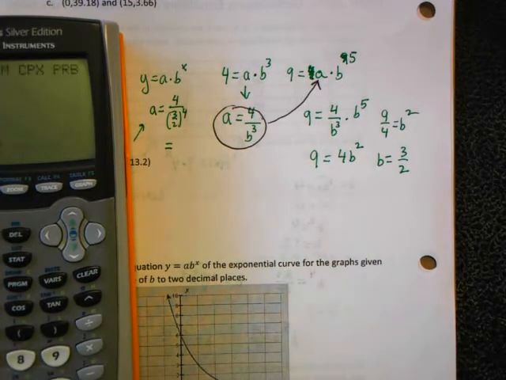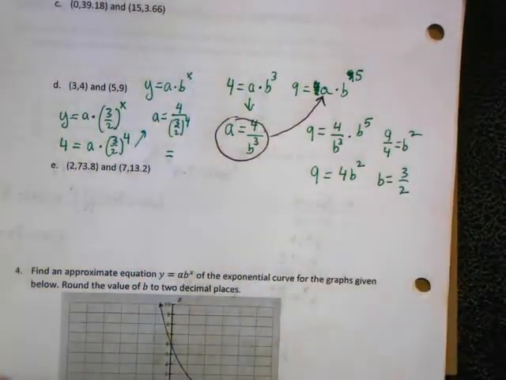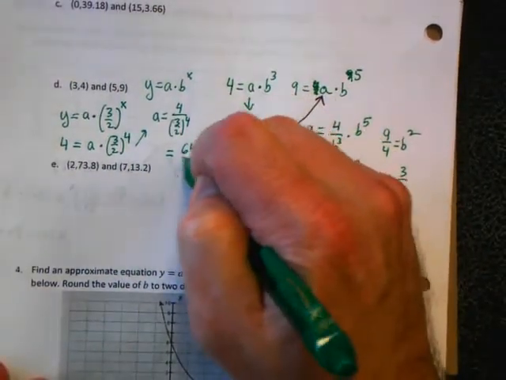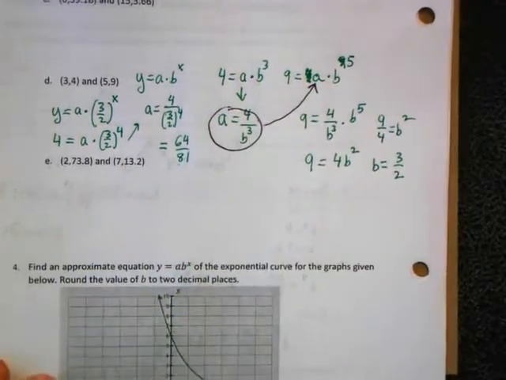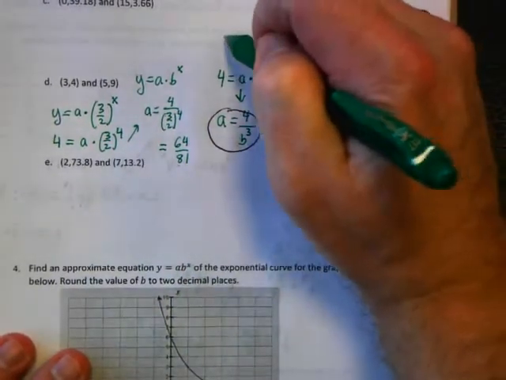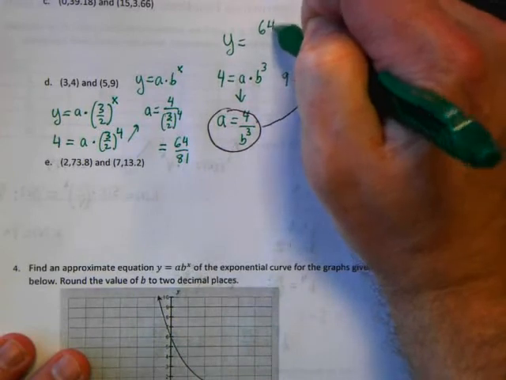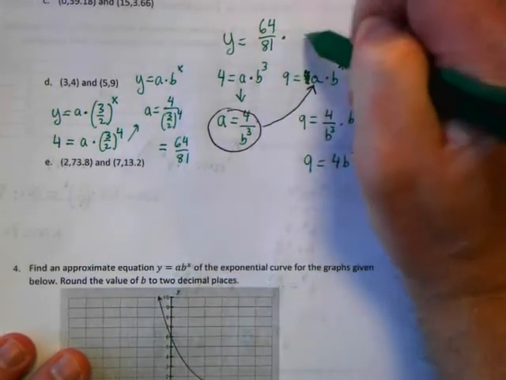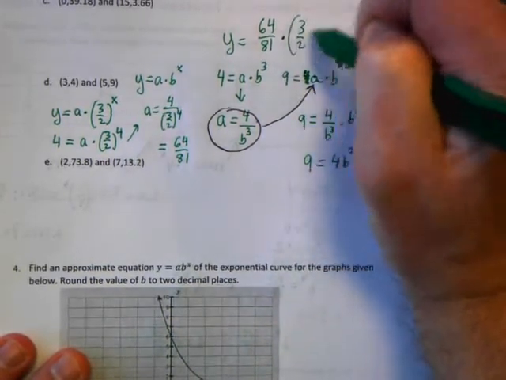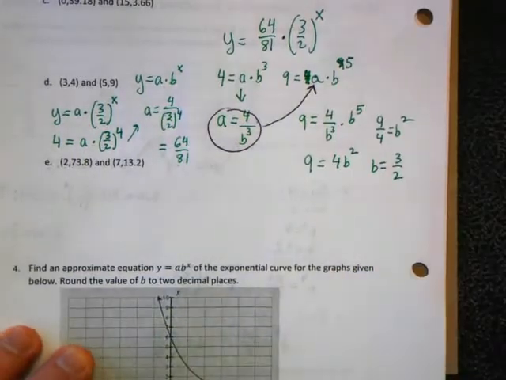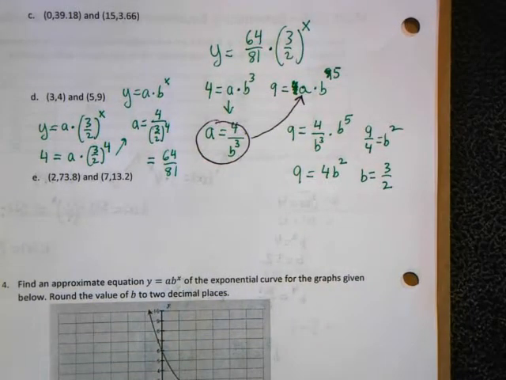Calculator gives me an ugly decimal. That is 64 over 81. So I guess my final answer would be y equals 64 over 81 times 3/2 to the x. Yes?